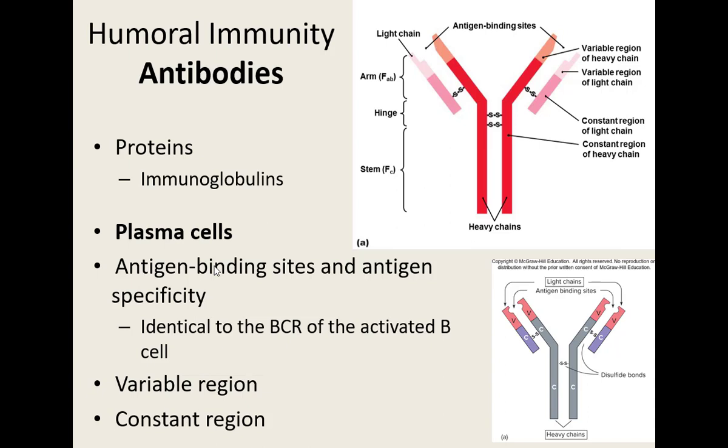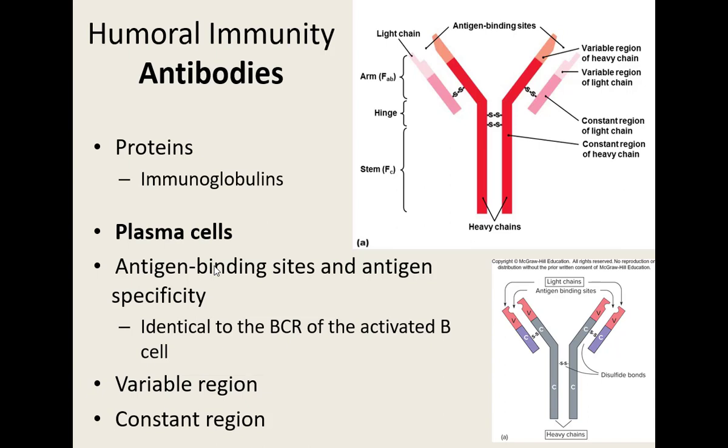Now we break these big Ys, these big antibodies, into two regions: variable regions and constant regions. The variable regions are at the tops, they're the hands. The constant regions are the body, because they're not changing between different objects that they need to recognize.